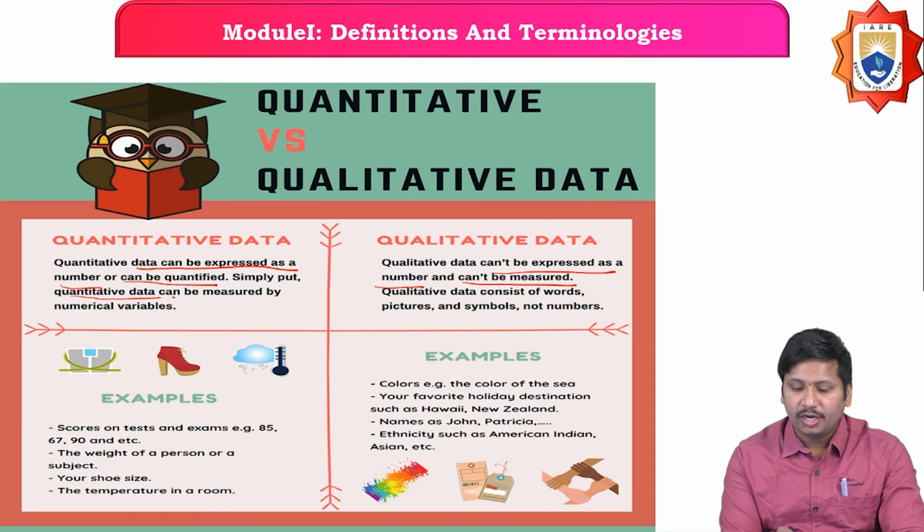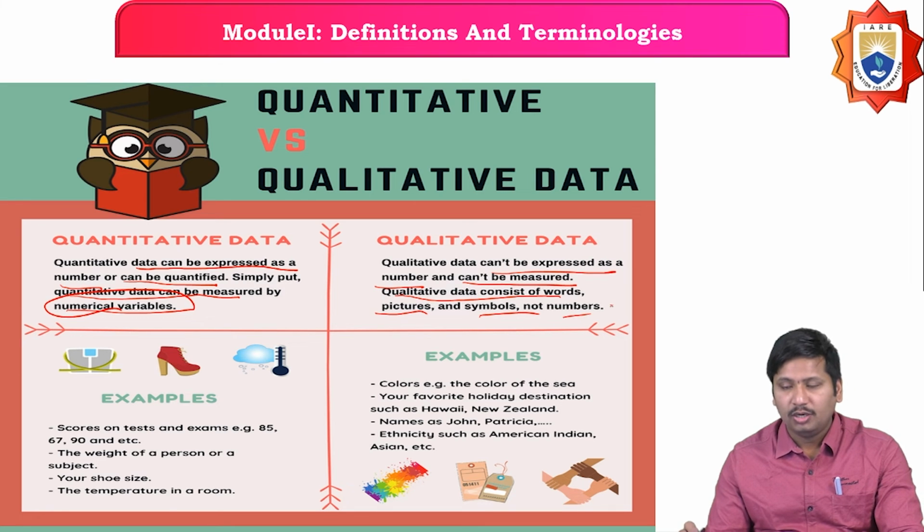Quantitative data can be measured by numerical variables, whereas qualitative data consists of words, pictures, and symbols, and not numbers. Quantitative data is presented in the form of numbers, that is, numerical variables. Qualitative data is not presented in the form of numbers.